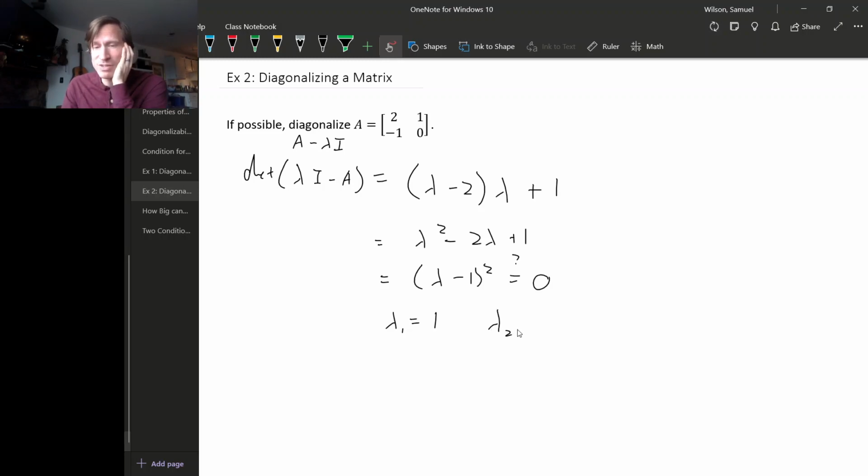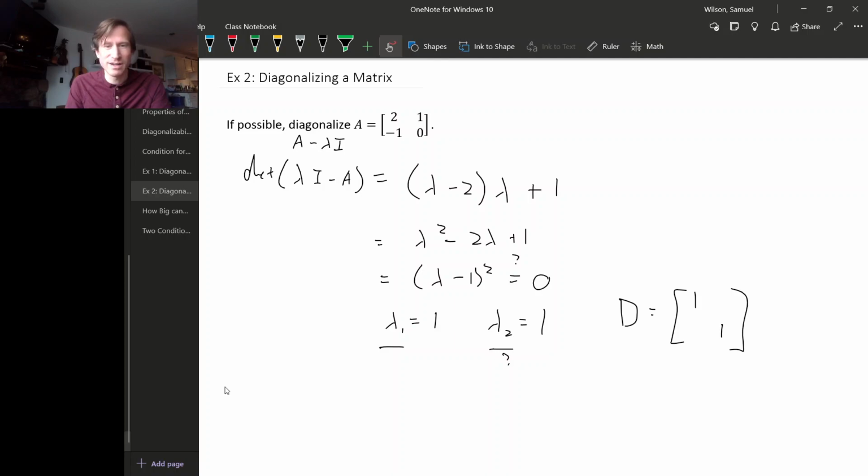But in general, especially if this were a bigger example, we would still have to check: is it possible that we have two linearly independent eigenvectors for this single eigenvalue? So we might have this for our diagonal matrix. Okay, well, let's try it.